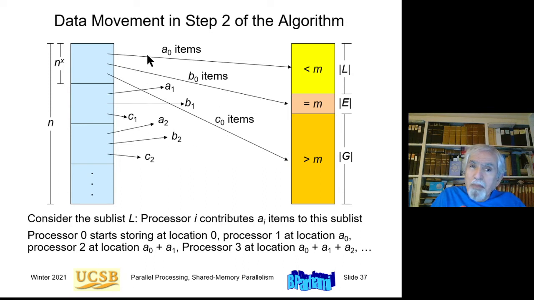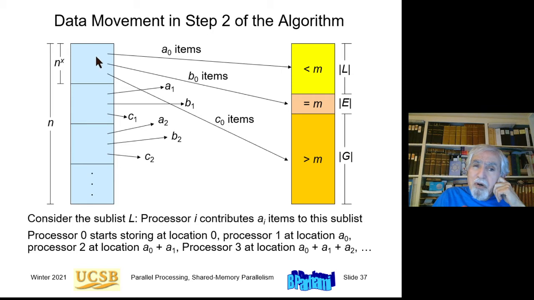If I perform a diminished parallel prefix computation on the values A0, A1, A2, what do I get? The first result of that diminished prefix computation is 0 here. I get A0 for this processor, A0 plus A1 for this processor, and so on.